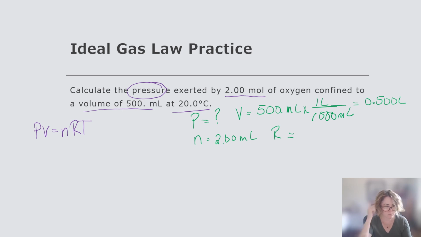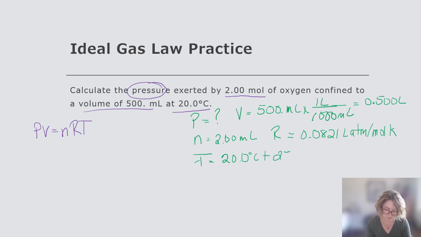R is given. R is 0.0821, and my units are liters, atmospheres over mole Kelvin. And then my last variable is temperature. Just like we've done with all the other ones, I have to convert this to Kelvin. So this is going to be 293.2 Kelvin.